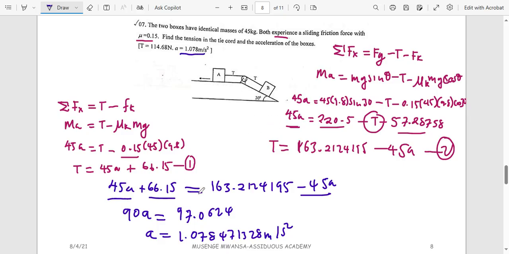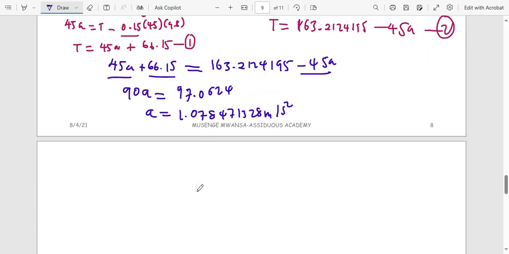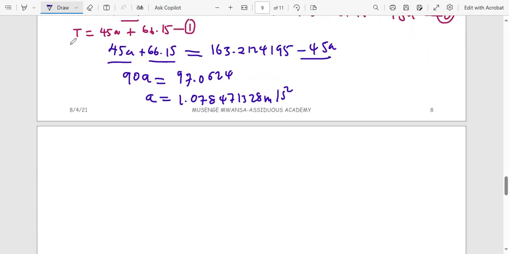To find the tension, you can use any one of the two equations. We can pick this one here. Tension is equal to 45 multiplied by acceleration 1.078, and then plus 66.15.